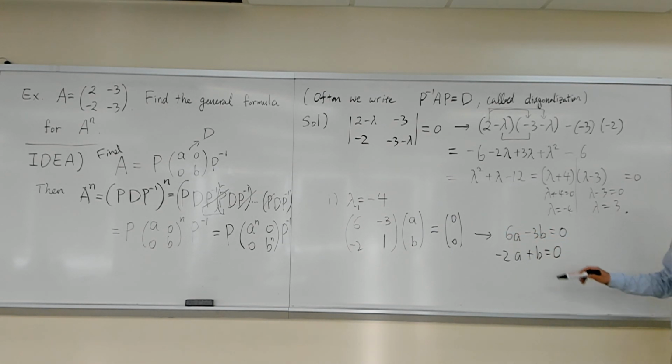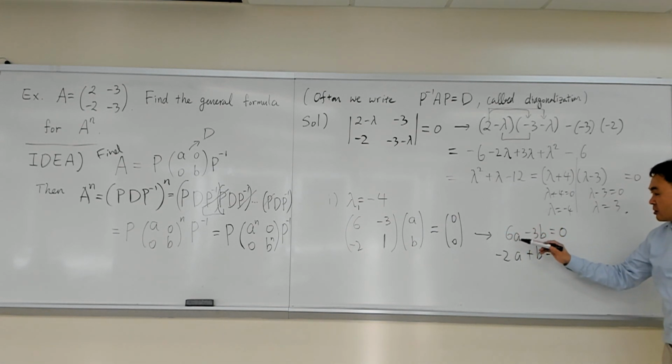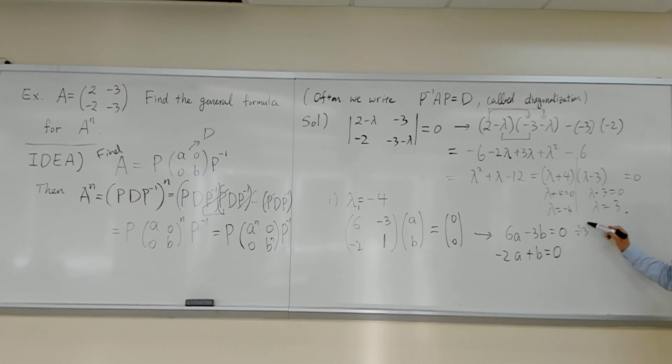And if you divide this by 3, you get 2a minus b equal to 0, right? And if you multiply this by negative 1, or divide by negative 1, you also get 2a minus b equals 0.